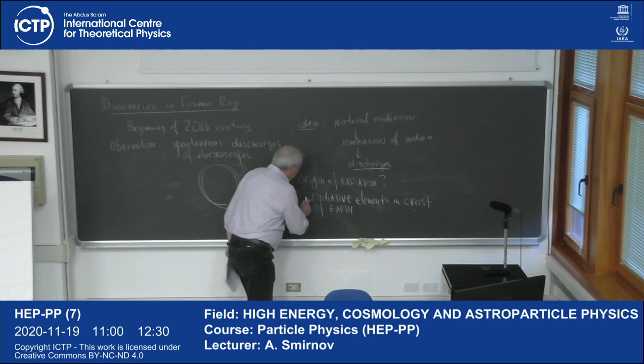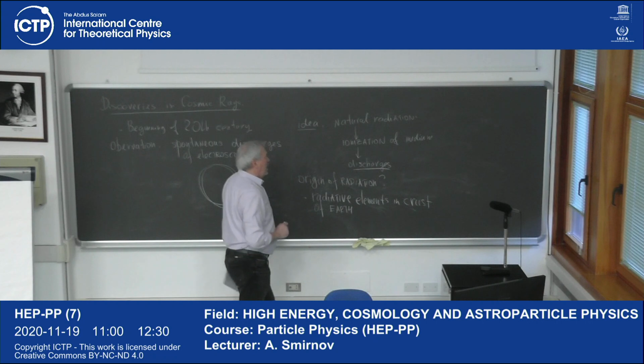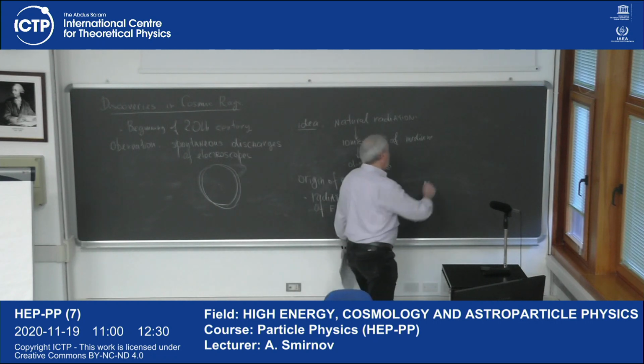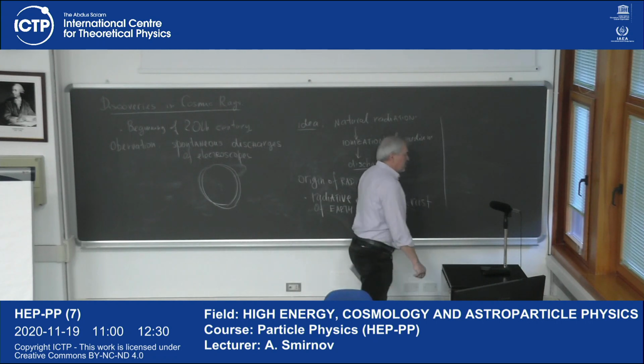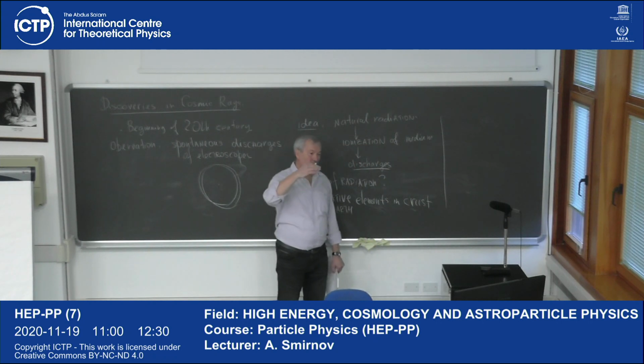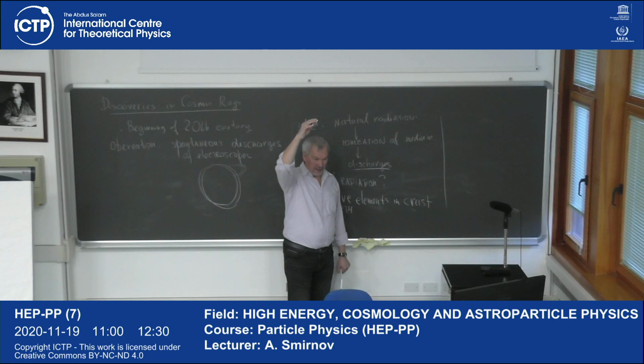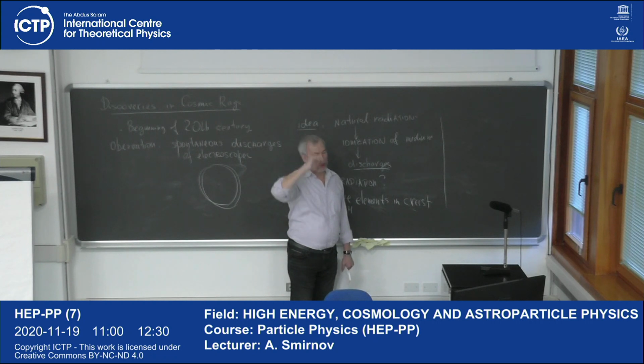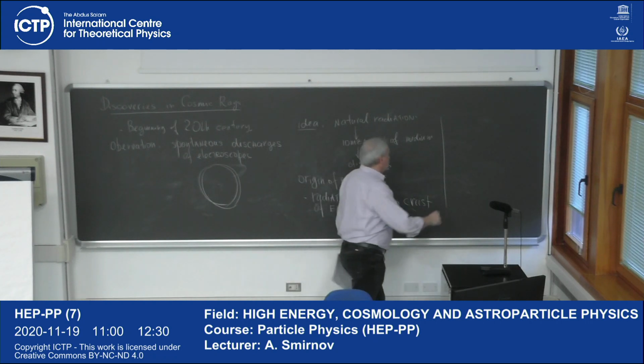Now, if you accept this, then you have a prediction that ionization should decrease when you go higher and higher from the crust. So radiation decreases, ionization decreases, and the number of discharges should decrease.